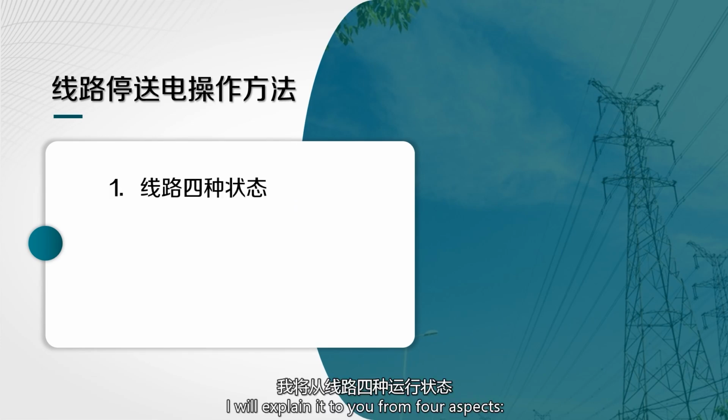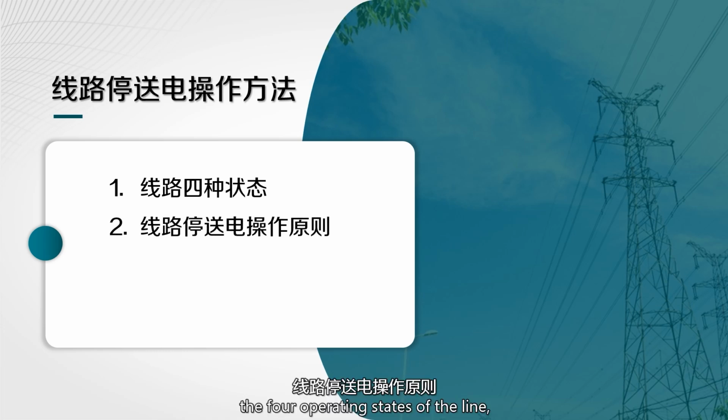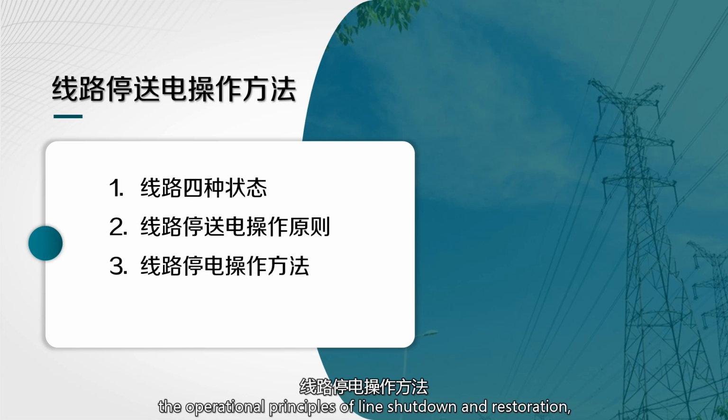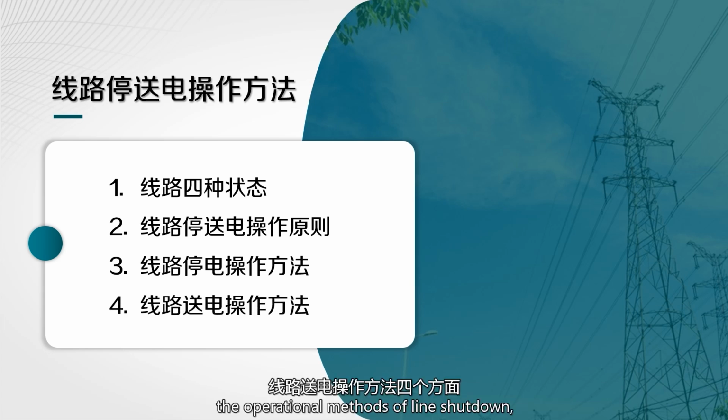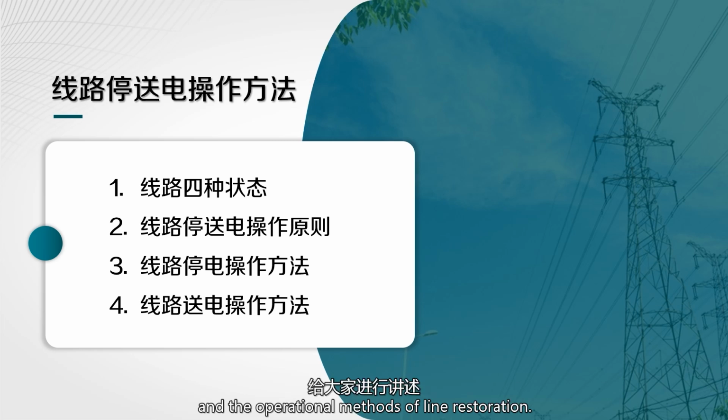I will explain it to you from 4 aspects: the 4 operating states of the line, the operational principles of line shutdown and restoration, the operational methods of line shutdown, and the operational methods of line restoration.